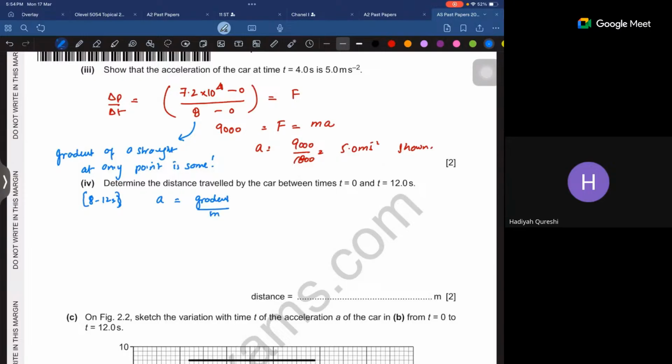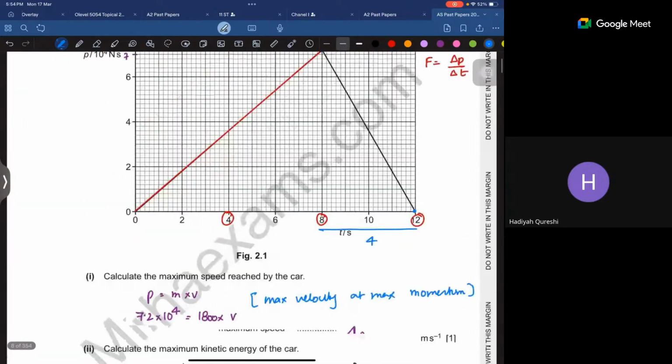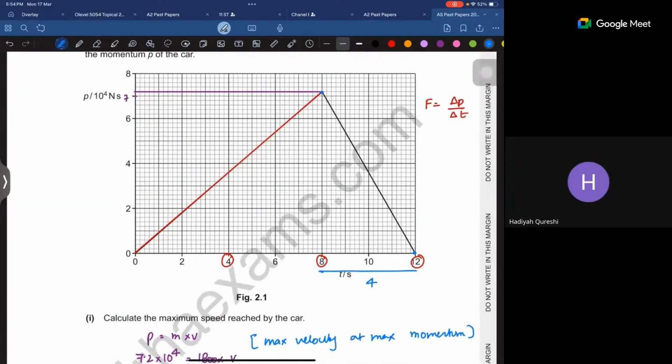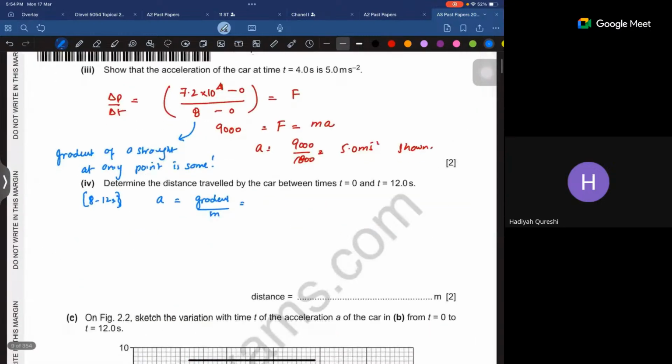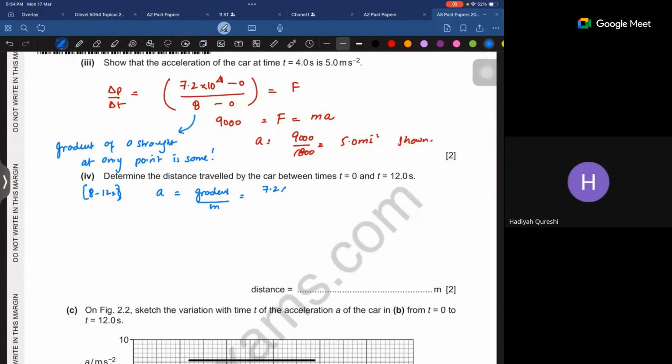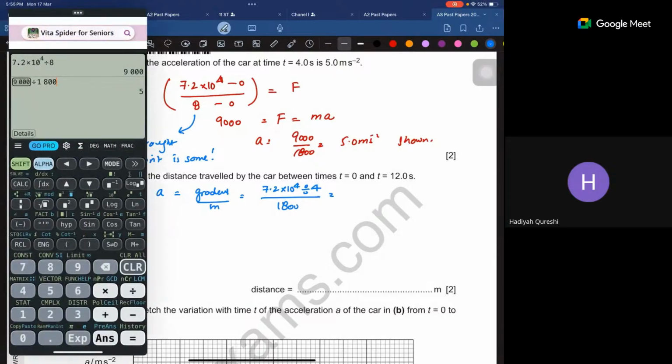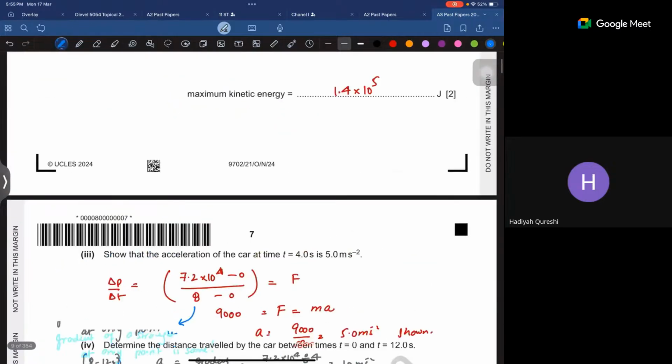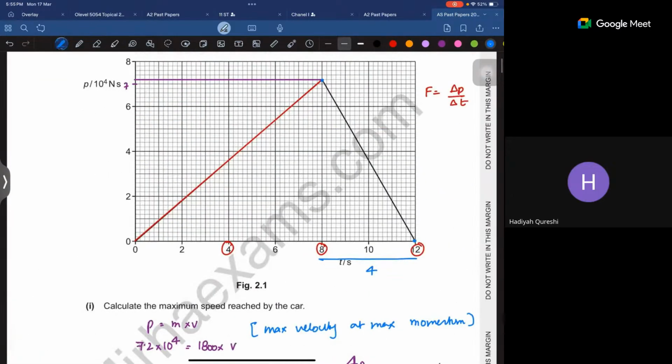Now the gradient from this part is 7.2 divided by 4. So 7.2 times 10 raised to 4 divided by 4, divided by 1800. Let's try this quickly. So it was 10 meters per second squared in the first part. So we can now find the values.